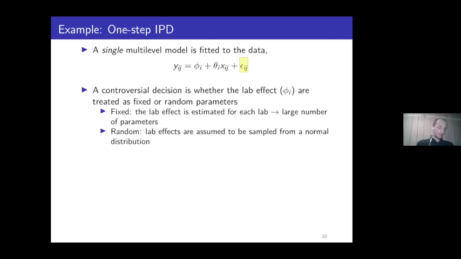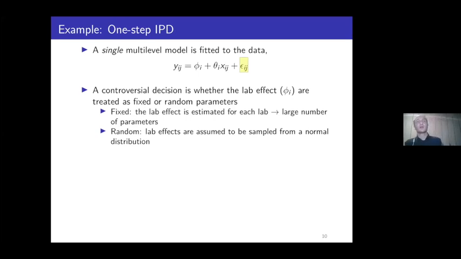So if you would treat it as a fixed parameter, then this means that for each lab we estimate a separate effect. So this results in a large number of parameters in the model, especially if there are a large number of labs.